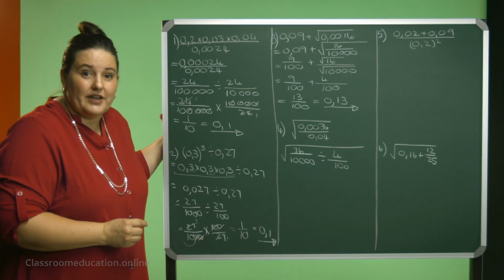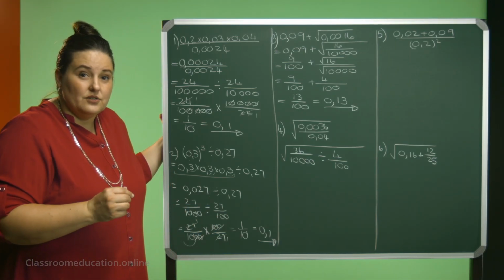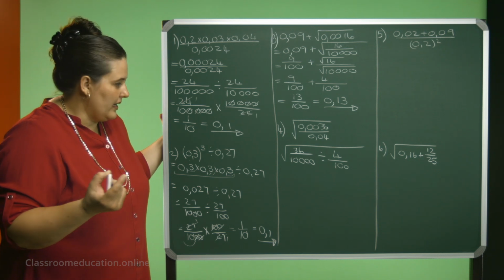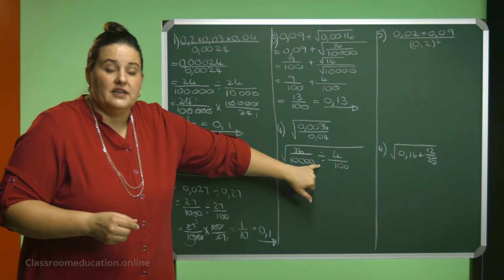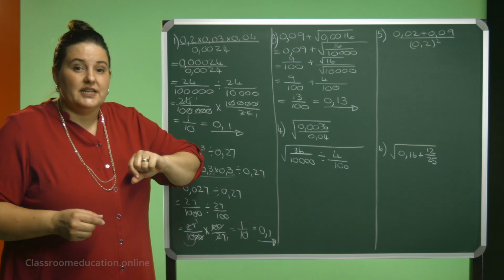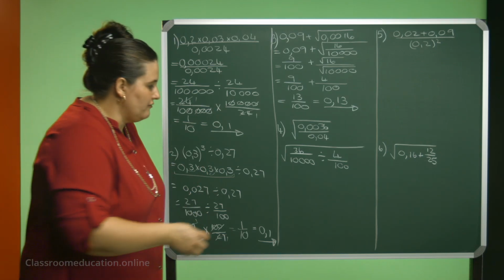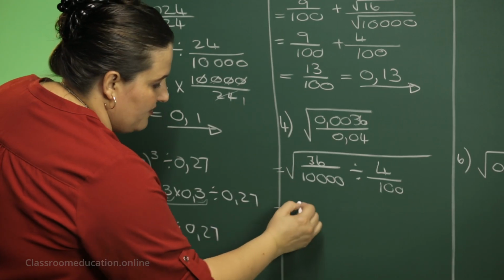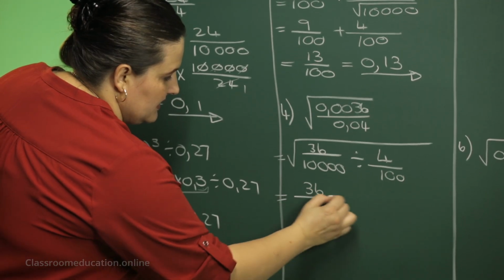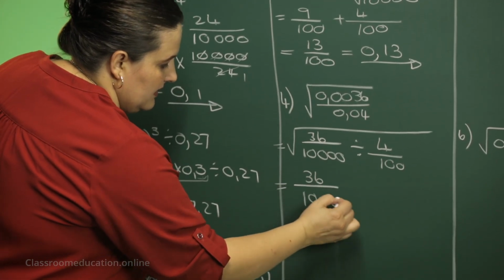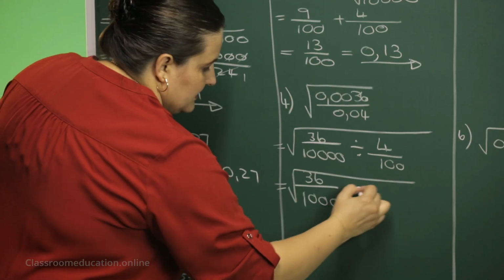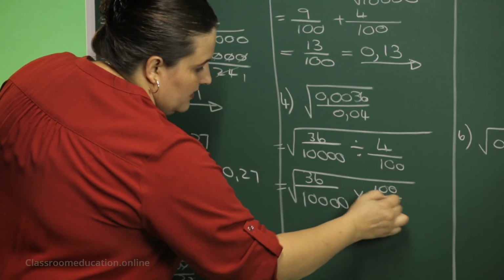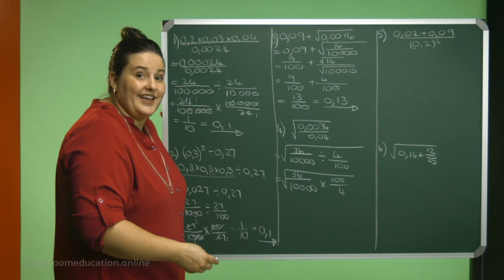Did you understand what I did here? Do you understand? Okay, now there's a division. Make it a multiplication and flip the fraction that follows. So I will have then 36 10,000ths times 100 fourths.